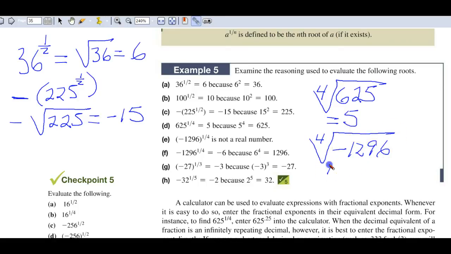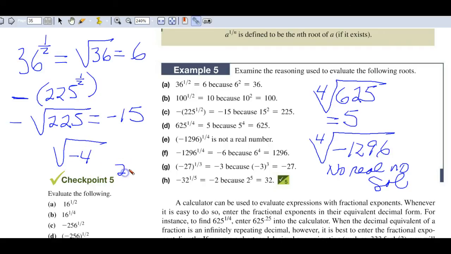So there is no real number solution if you have an even index number. Since you have, for instance, the square root of negative 4, are there any two numbers that are exactly the same that you can multiply to get a negative 4? And the answer is no.